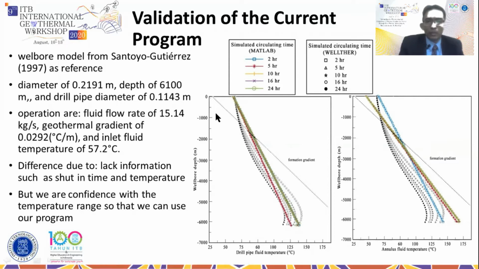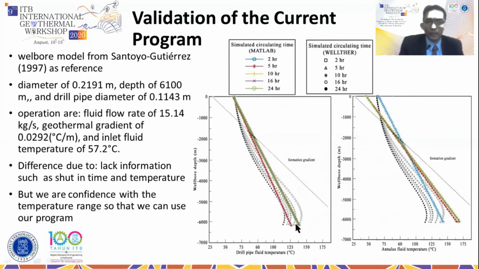So the result on the drill pipe here, first we can see our results indicated with the straight line, the red and the green color, while the Santoyo and Gutierrez results are indicated with the line right here, a little bit of an arc line.